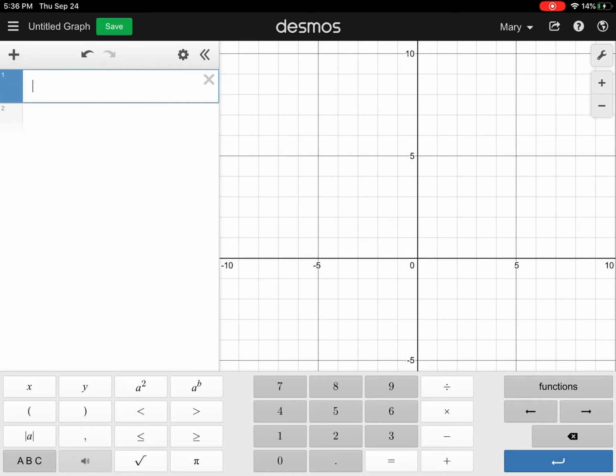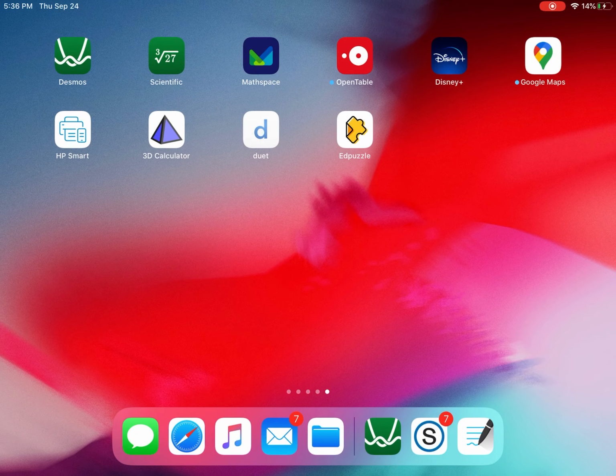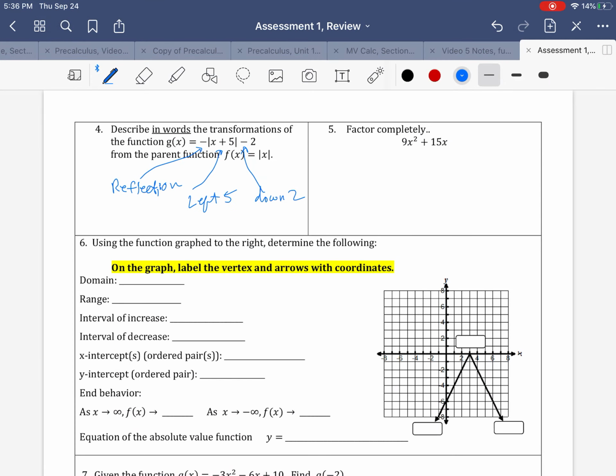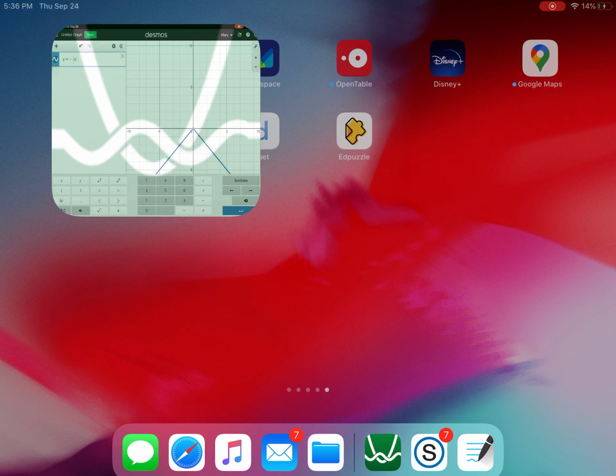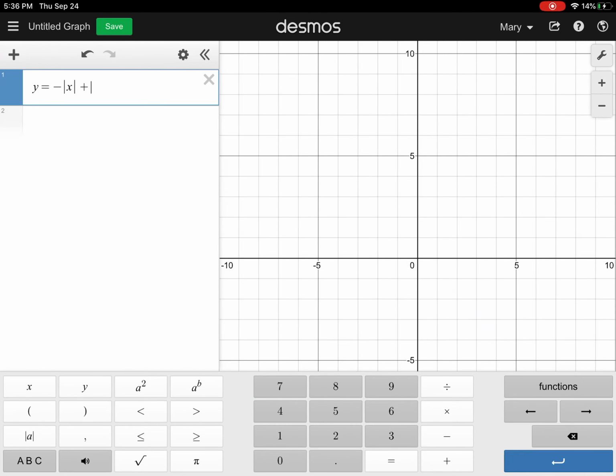So I could, in here, go ahead and graph it, y equals, let's see, negative, right? Absolute value, x, and I forgot what the problem was. All right, x plus 5 minus 2. Put your plus 5, and you see that, oopsie, nope, that's supposed to be inside.